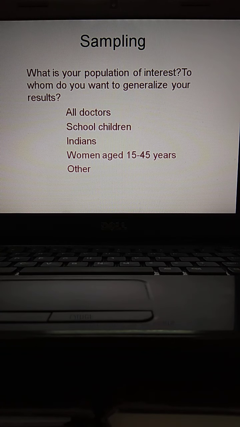Then what do you mean by population in statistics? Strictly speaking, the statistical population is nothing but the group of individuals, the group of items, the group of articles, with life or without life, on which you are conducting any kind of statistical investigation.